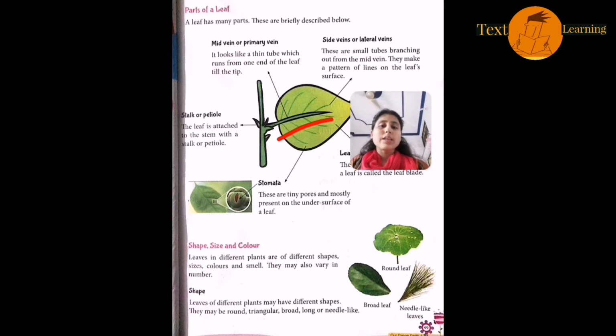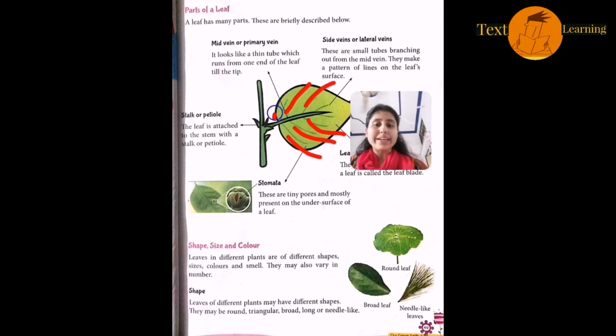We can call this the primary vein. Now next is the side vein. What is a side vein? Besides the midvein, you can see these veins; these are called side veins. In definition form, these are small tubes branching out from the midvein.